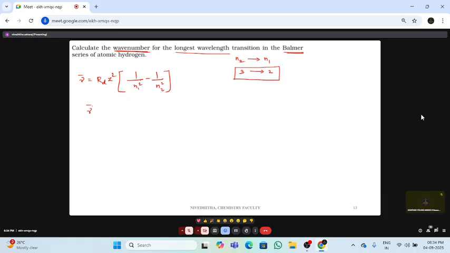You told me it is 0.13 into 10 power 7. Yes, right, Kana. So the original answer is 0.15 into 10 power 7, which is approximately 0.13. Approximately it is right.